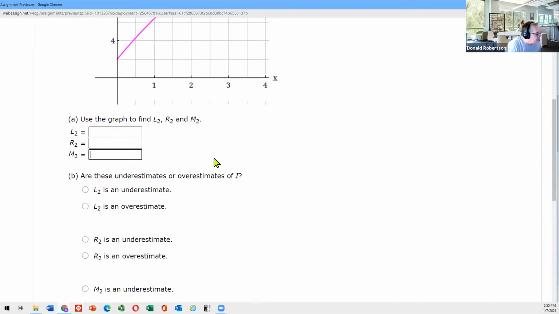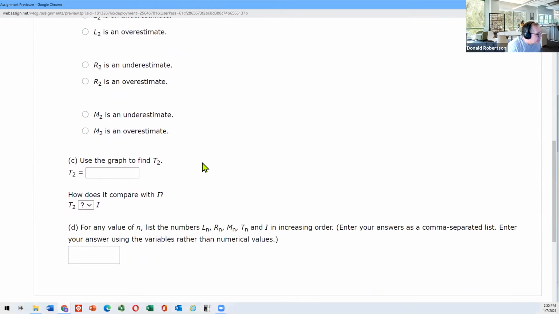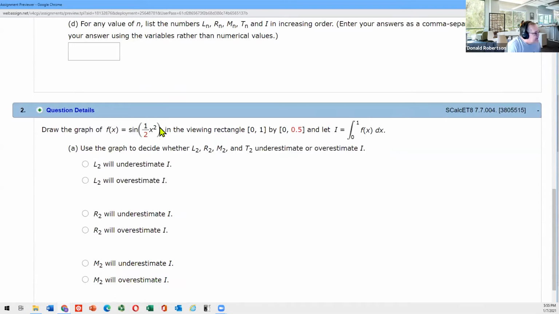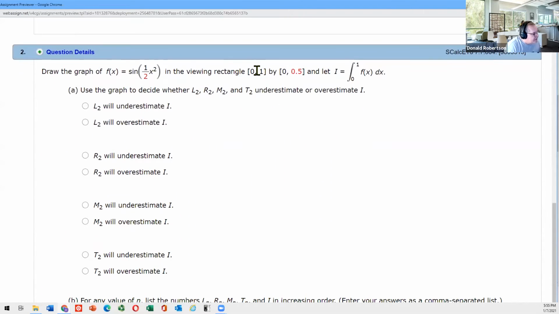And then it asks about under and over estimates, and you can check that yourself. Here's a function. Here's the viewing rectangle. And they're asking us to look at the graph and decide is it an over or an under estimate.